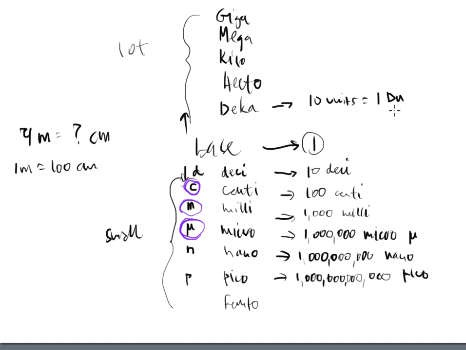And I like to use a capital D here, even though sometimes you might see people tell you not to do that. I still like to use capital D for the prefix, and that's to let you know that is a bigger unit. So 10 units, if I gather them all up together, is equivalent to one deca unit. Hecto is going to be this idea.